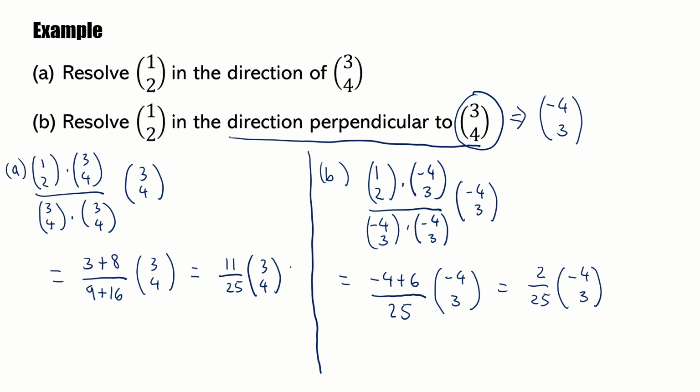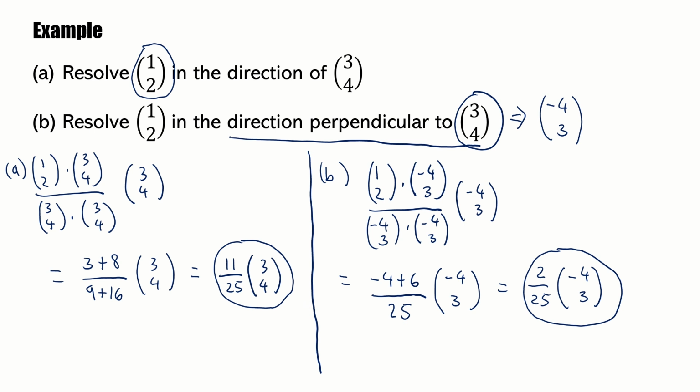Basically, our two resolved vectors should add up to make the original vector we had. So 11/25 of 3, 4 plus 2/25 of minus 4, 3 should add up together to make the original vector of 1, 2 again. If it doesn't, you know you've done some sort of mistake when doing the resolving, but if it does, it shows that it all worked fine.